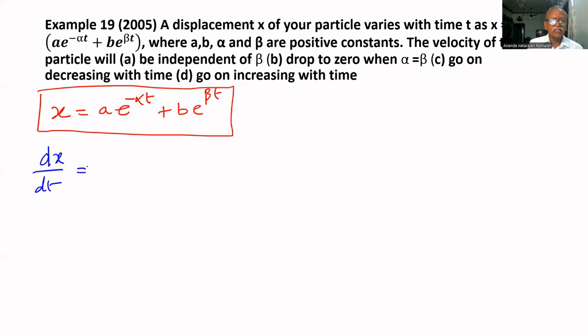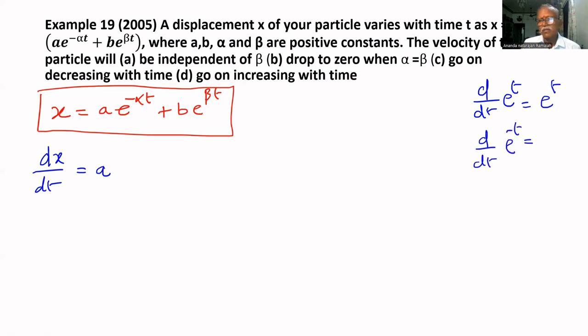A is constant, keep it as such. d by dt of e power t equals e power t. d by dt of e power minus t equals minus e power minus t, because the coefficient of t is minus 1.